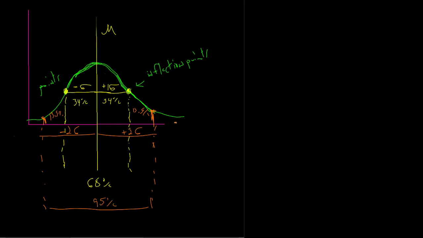And if I go out further, let me change color one more time. If I go out further, and I go 3 standard deviations, so +3 standard deviations and -3 standard deviations on either side of the mean, I get in here another 2.35% and another 2.35%.